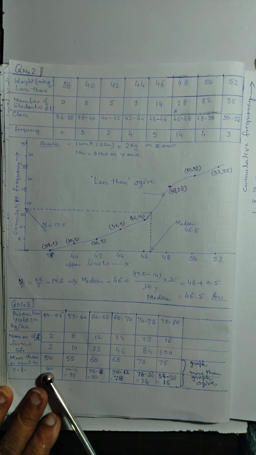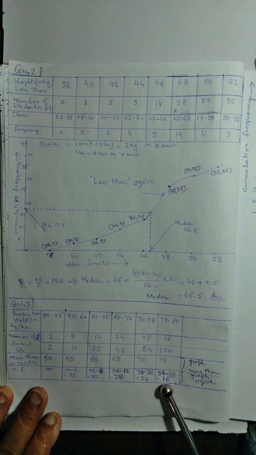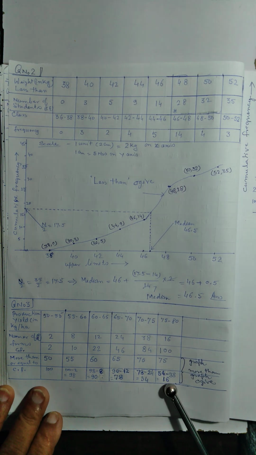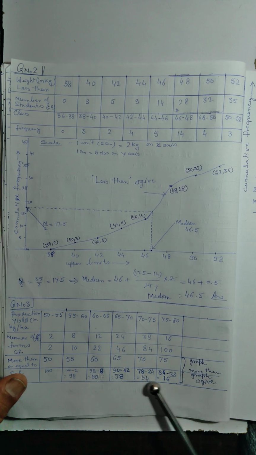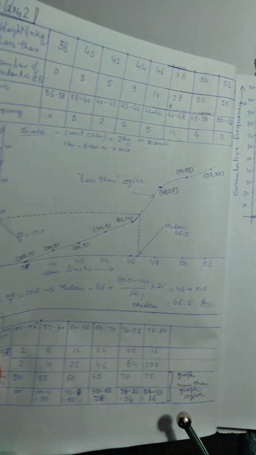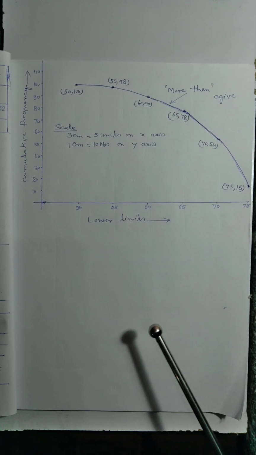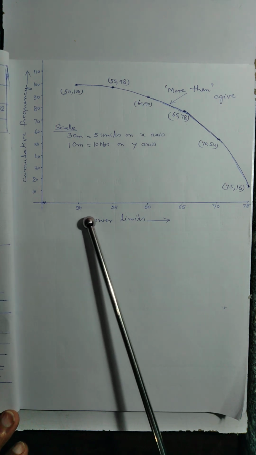Once you have written all this data, the next step is to draw the more than type graph with the help of this data. Now you see, the lower limit I have represented along the x-axis.